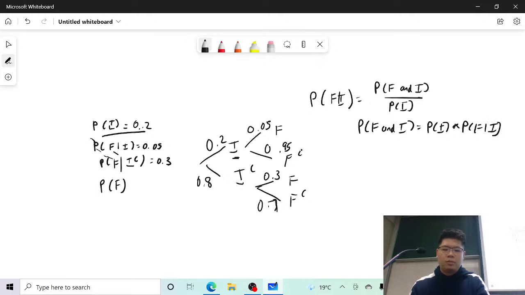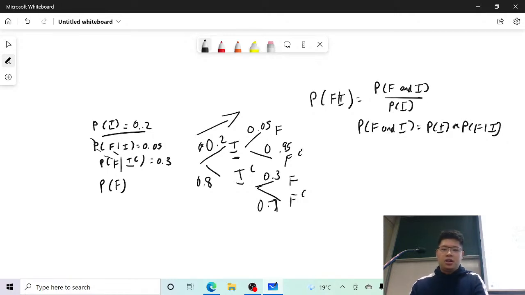If you follow along this first branch, you would get 0.2 times 0.05. And this is essentially the probability of you being immunized and getting the flu.